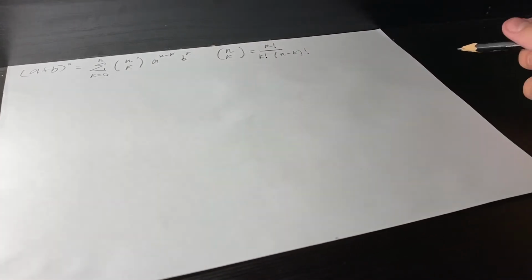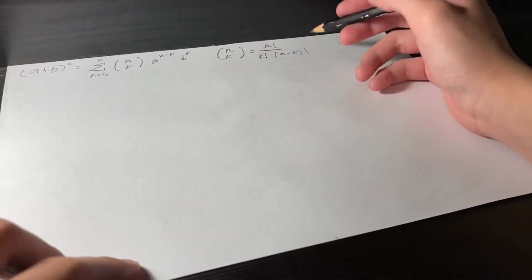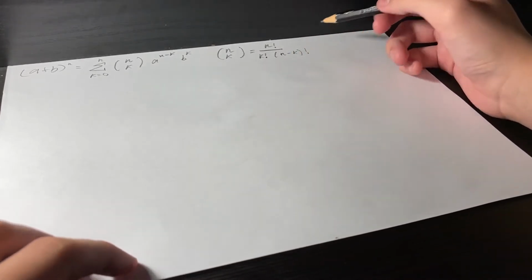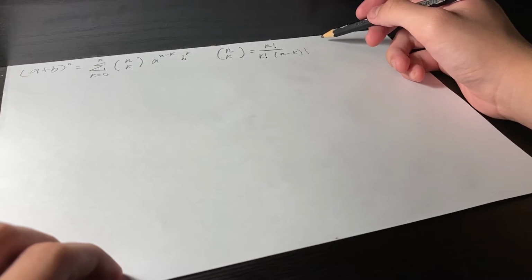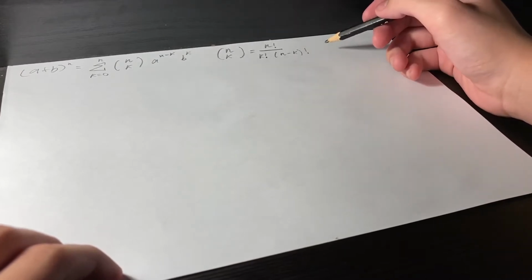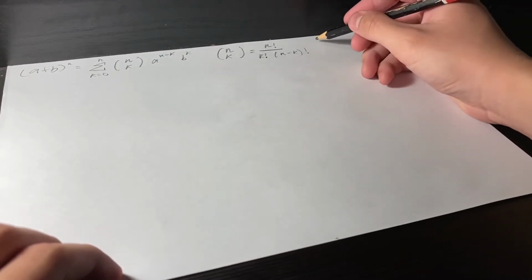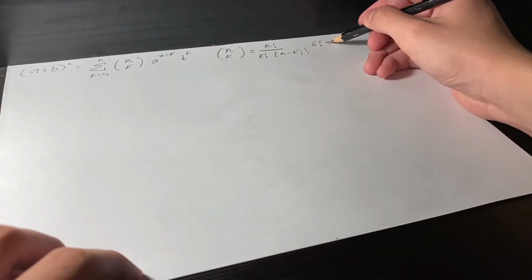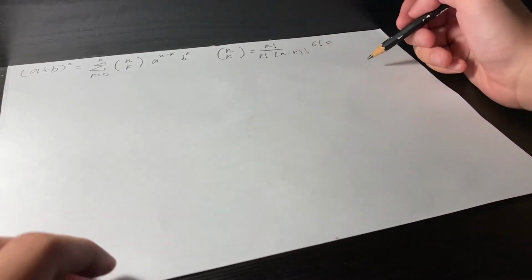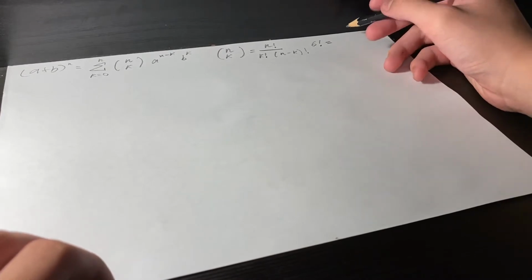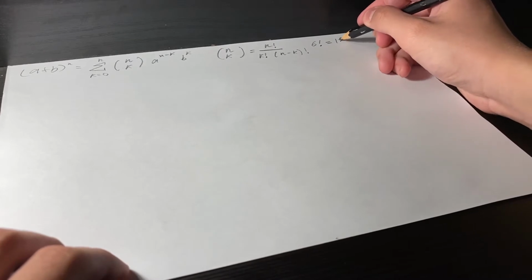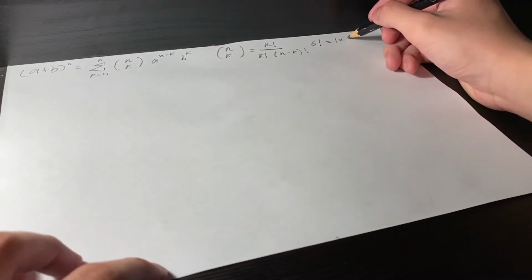If you don't know what a factorial is, it's just how many ways you can rearrange the product. So let's say 6 factorial is equal to how many ways you can write the product of 6. Well, you can find this out by multiplying all the numbers that get to 6.